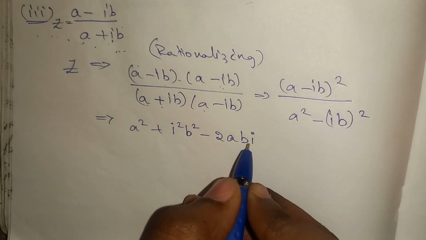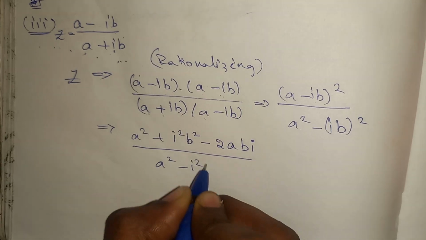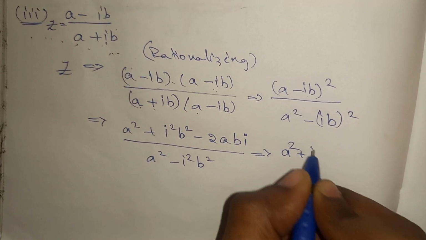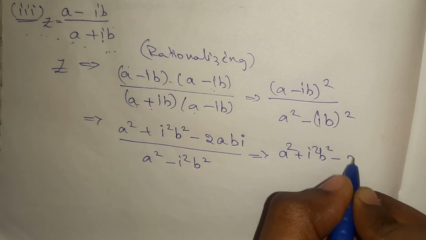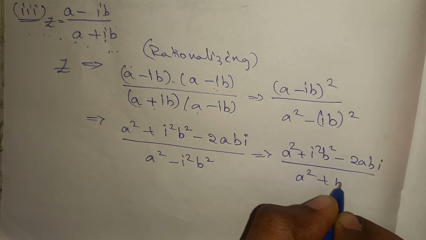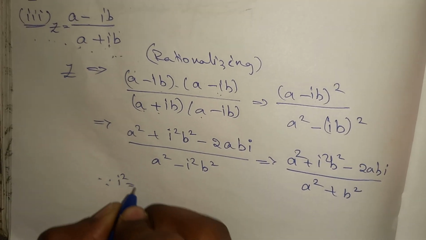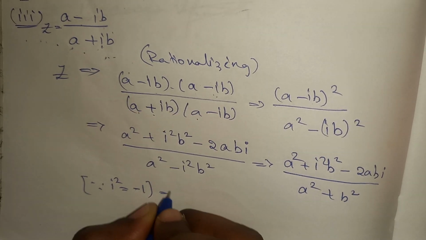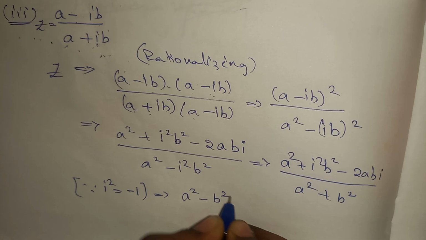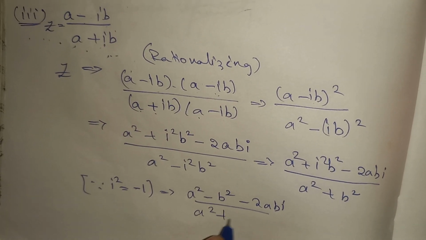So we get minus 2abi by a square minus i square b square, which equals a square plus i square b square minus 2abi by a square plus b square. Since i square is equal to minus 1, substituting we get a square minus b square minus 2abi divided by a square plus b square.